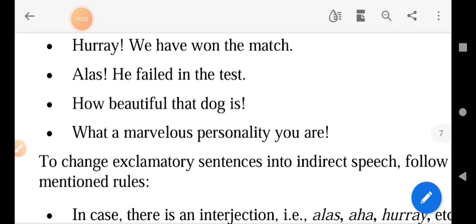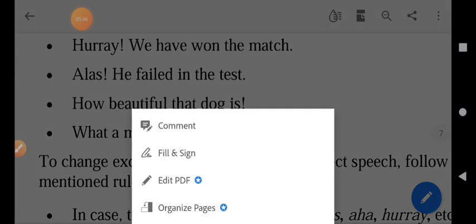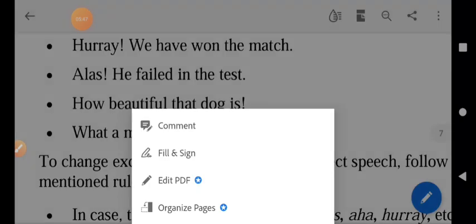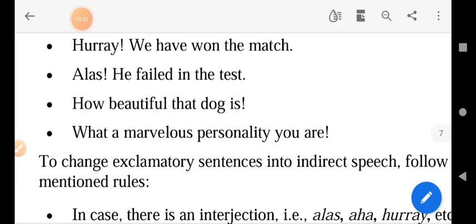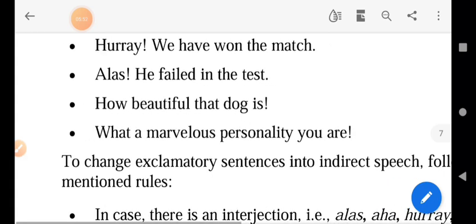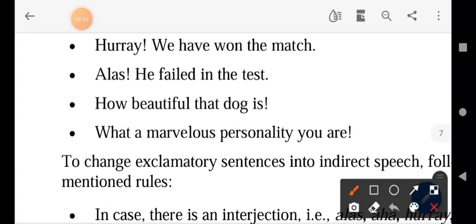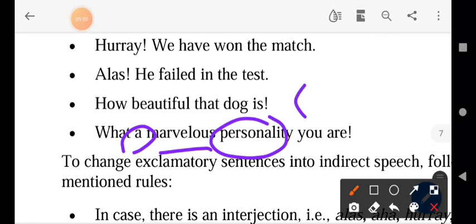And what a marvelous personality you are. It is a marvelous personality with the article what. Article, adjective, and personality is a noun form. Subject plus verb. This is the structure of the exclamatory sentences.